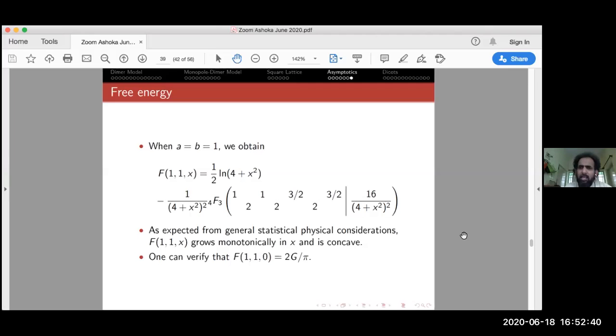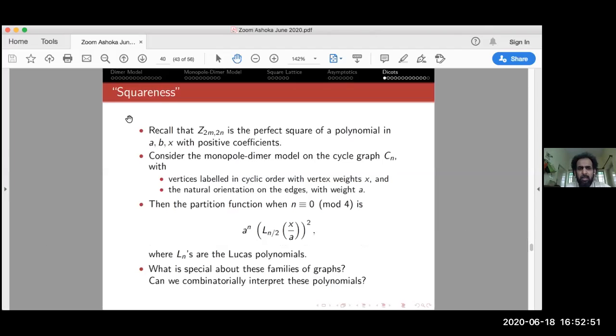Yeah, maybe I'll just say what I did in the last section, and then I'll not go through details because it's complicated. As I said, Z2M2N, for the monopole Dimer model, is a perfect square of a polynomial, and similarly, if I take this cycle graph, which is also a planar graph, which is just n vertices arranged in the form of a circle, if I take n congruent to 0 mod 4, then again the partition function becomes a perfect square.